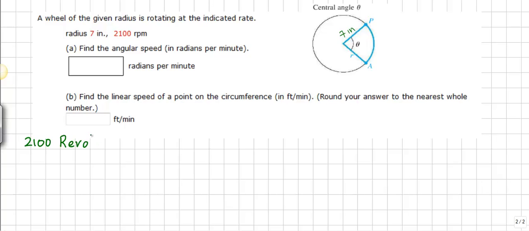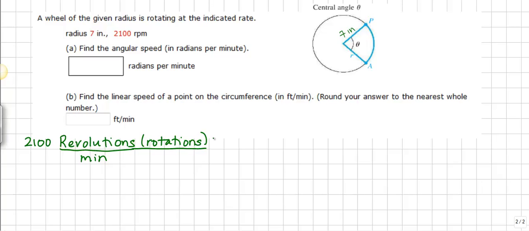Now let's think about this. Revolution means go all the way around. That's the same idea as rotations. Okay, so it's 2100 full rotations in 1 minute.